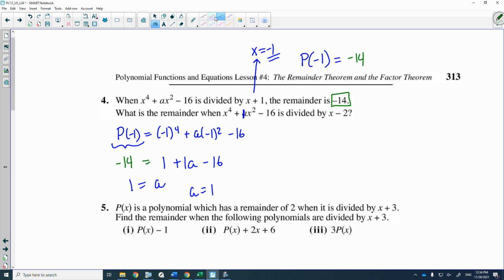What it is now asking is, what is the remainder when it is divided by the divisor of x minus 2. So the root of that divisor is 2. So p of 2 is equal to, they want to know what the remainder is. P of 2 is equal to, take your x's out and input 2.